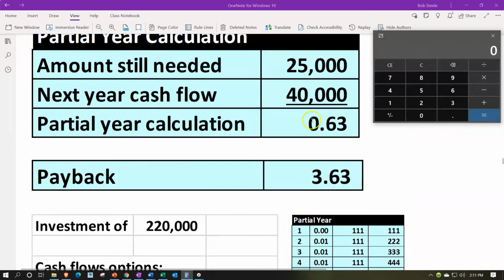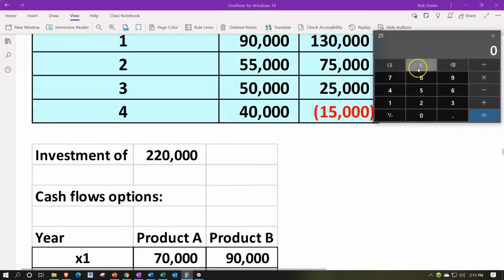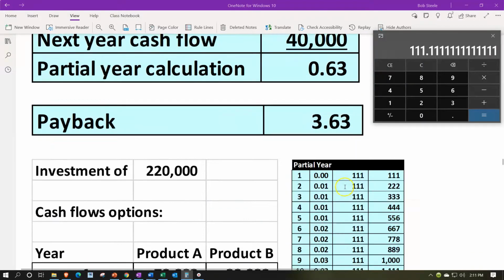And if we take the amount that we're going to earn over the year, which we're assuming is earned evenly, 40,000 divided by 360 days, that's about 111 that we're going to earn each day. So in day 2, we're going to have 111 plus 111. That's going to be 223 plus 111, and so on.